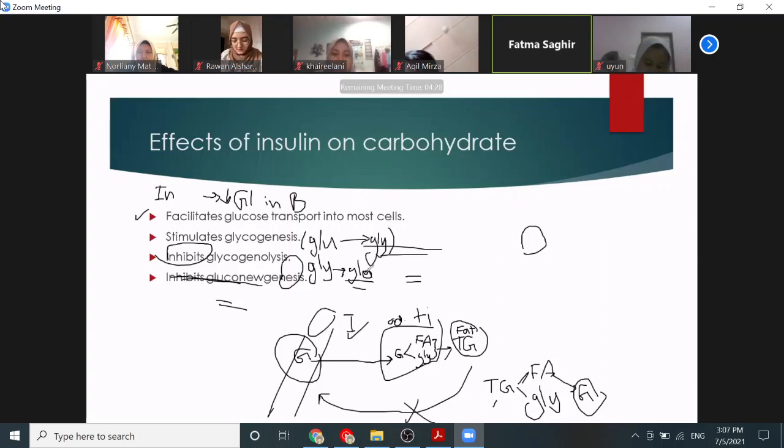Number 4, inhibit gluconeogenesis, meaning inhibit producing more glucose from non-carbohydrate sources. So you can see all those steps, all of them working together to decrease blood glucose by insulin. 1, 2, 3, 4.